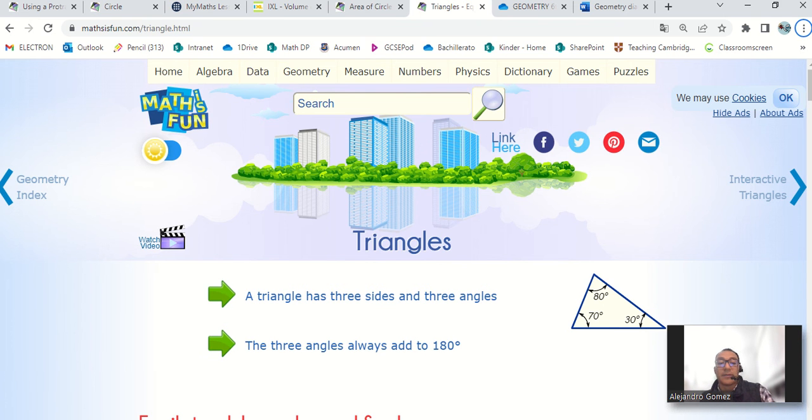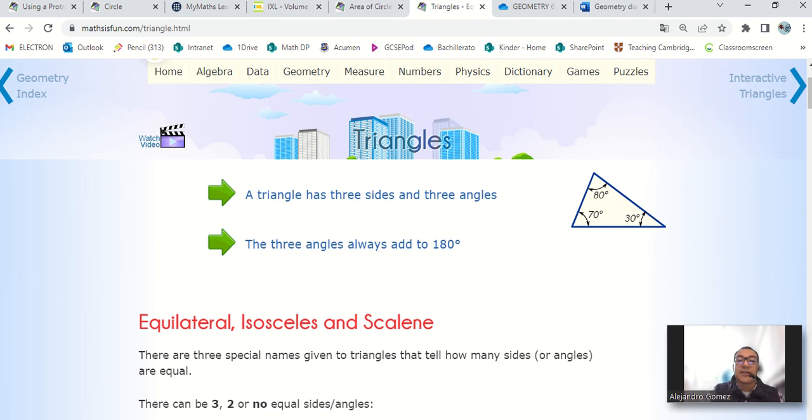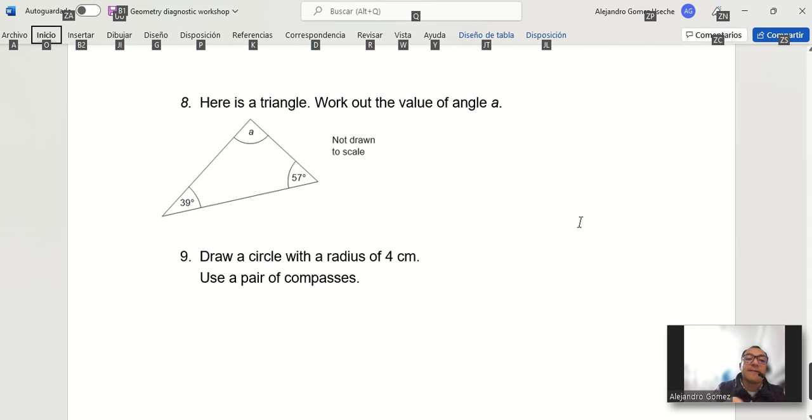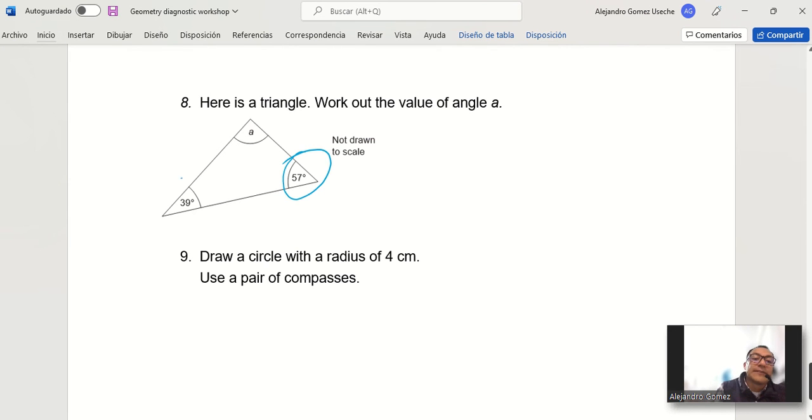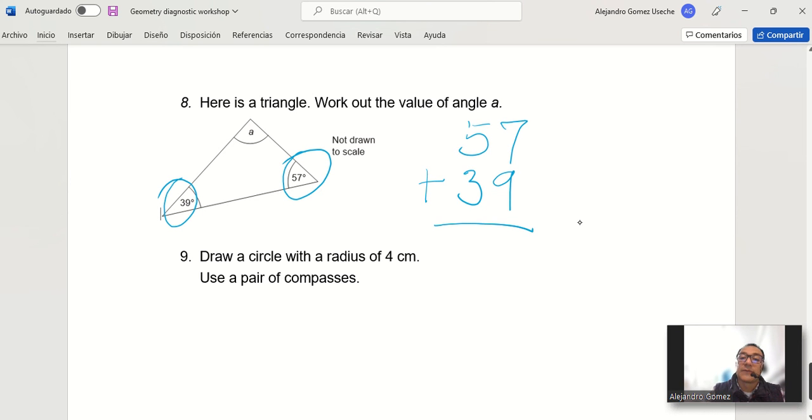Now, here is a triangle. Well, we've been talking about triangles. The 3 angles always add to 180 degrees. Look at this example. The addition of the inner angles is 180. So over here we say 57 plus 39. We do the addition.